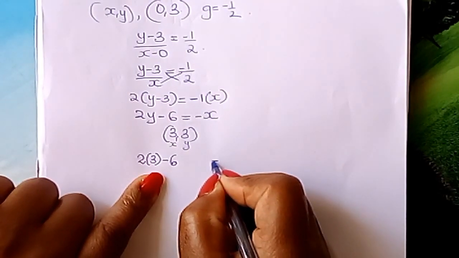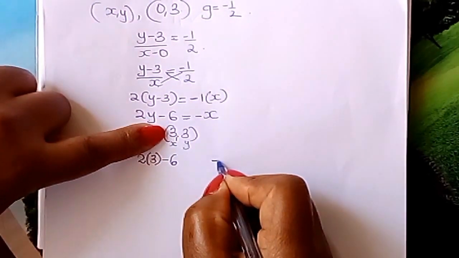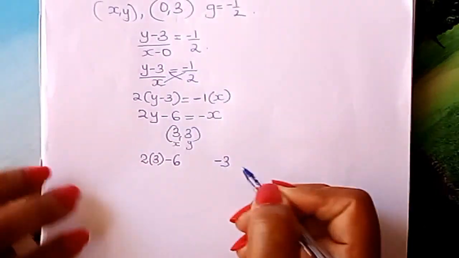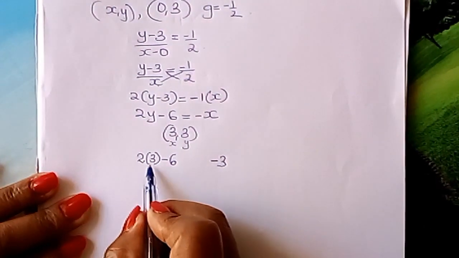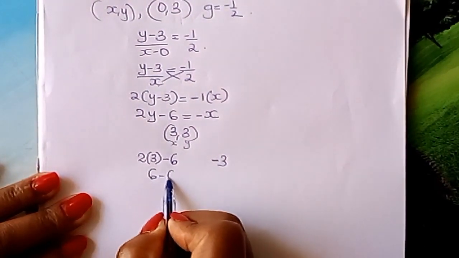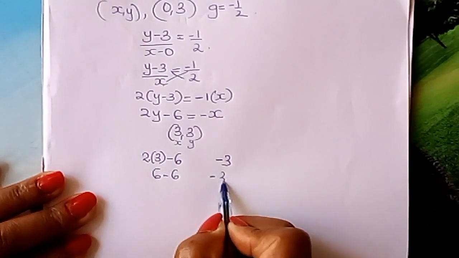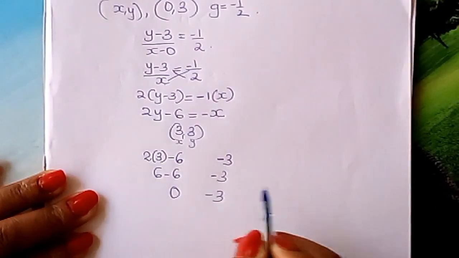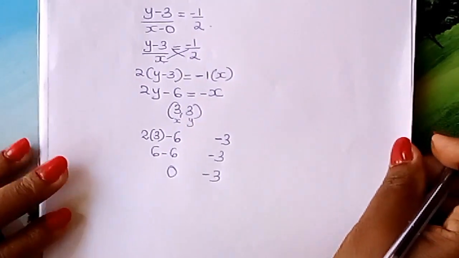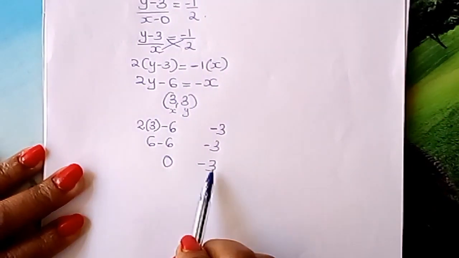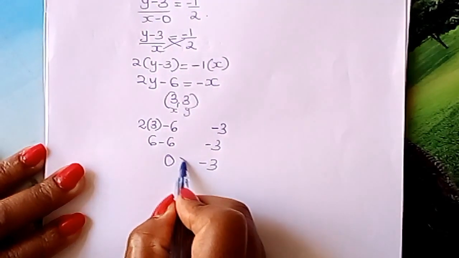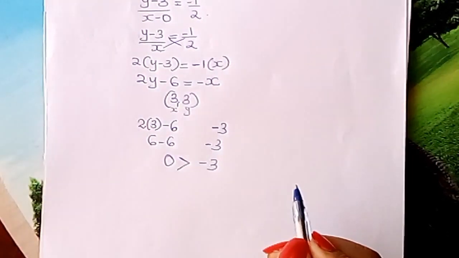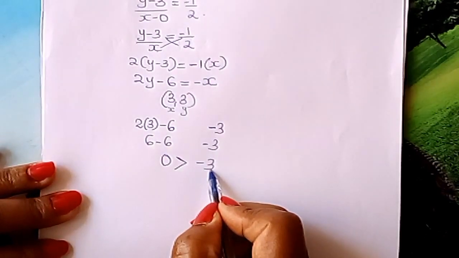You write negative x. And our x is 3. Look at that line. So this gives us 6 minus 6. And this side is negative 3. 6 minus 6 is 0, and this side is negative 3. Compare 0 with negative 3, learner. 0 is greater than negative 3 on the number line.